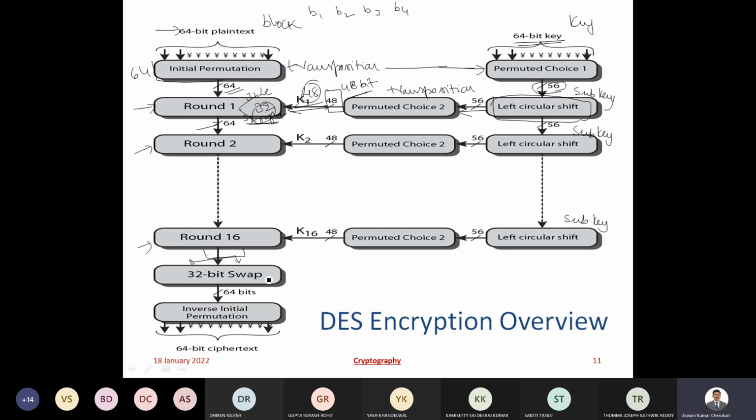Once that is done, that 64-bit undergoes inverse initial permutation, that means the inverse of the initial process. This is the 64-bit ciphertext of this particular block. This is the overall process of the encryption algorithm.